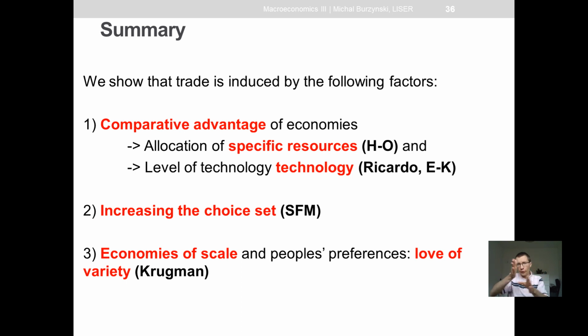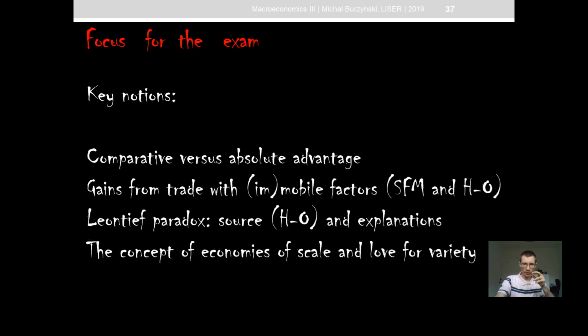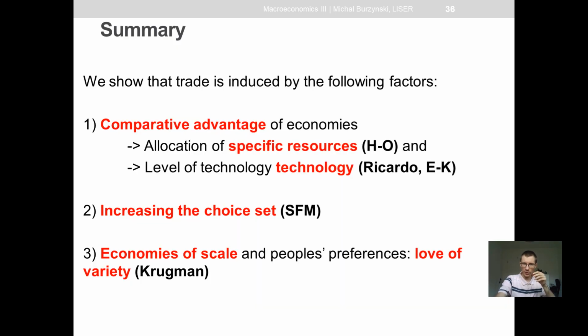And if people differentiate between different goods, this brings even more gains from economies of scale due to this love of variety, externality of consumption that we analyzed in the Krugman model. So you see, these are the main motives for international trade that are out there in the economic literature, and I hope this is clear for you in terms of how to motivate them and how to describe them.